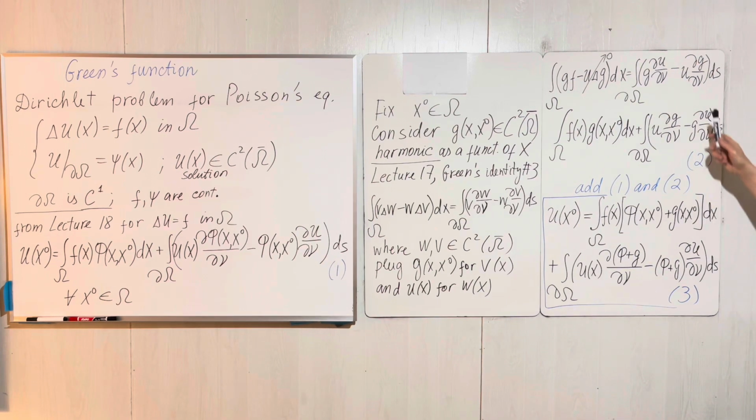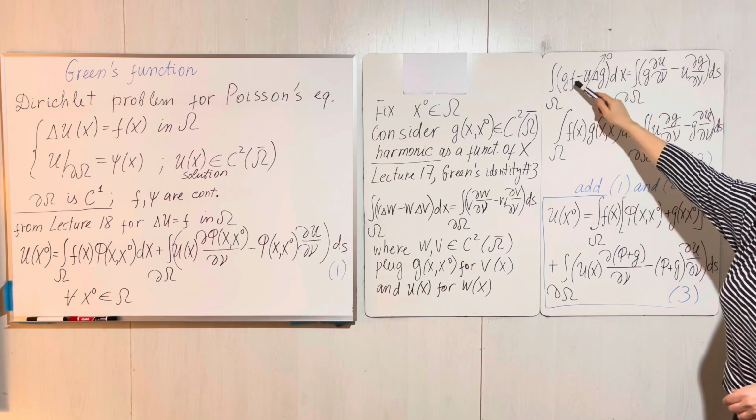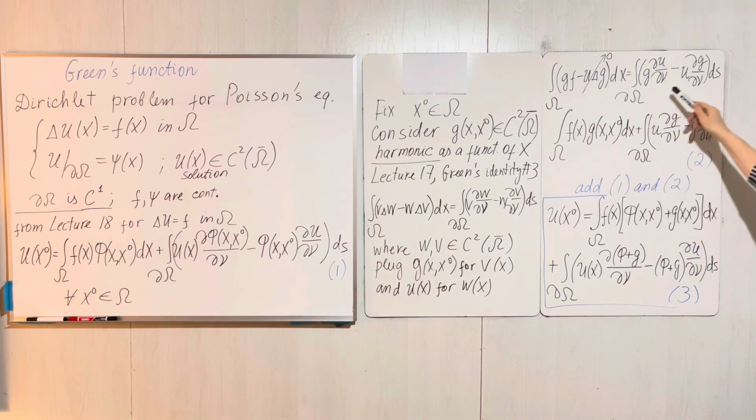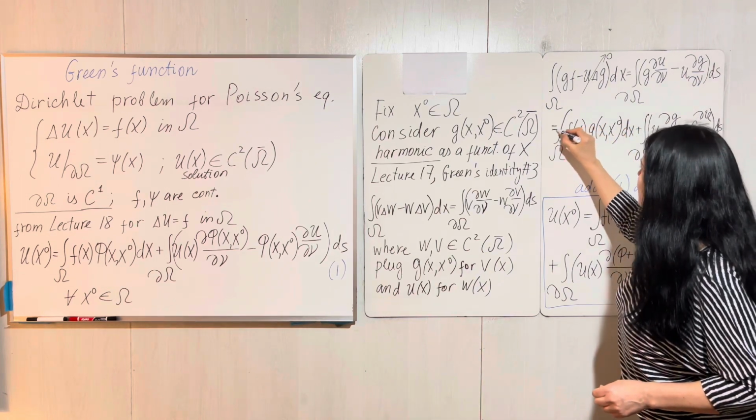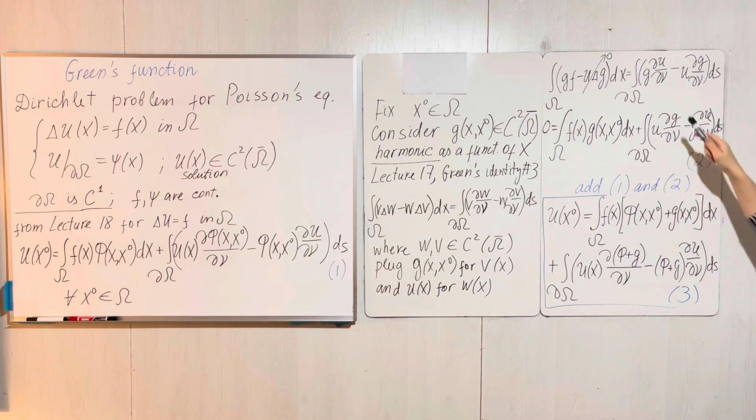Now we move everything to the left. We have the integral over omega of f g, then the term with u, which had a minus, now with a plus when moved to the left, and this whole expression equals 0. Let's call this formula number 2.